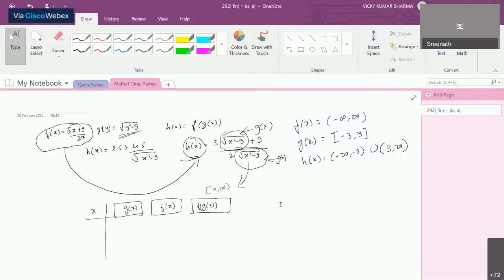And that is what I said, 3 is not allowed because 3 is not given in the open interval. If you put g of 3, it is equal to 0, which will not be fed into h of x. So x equal to 3 is not included, but since it is in open interval, m equal to 3 is the answer for that question. That's all.